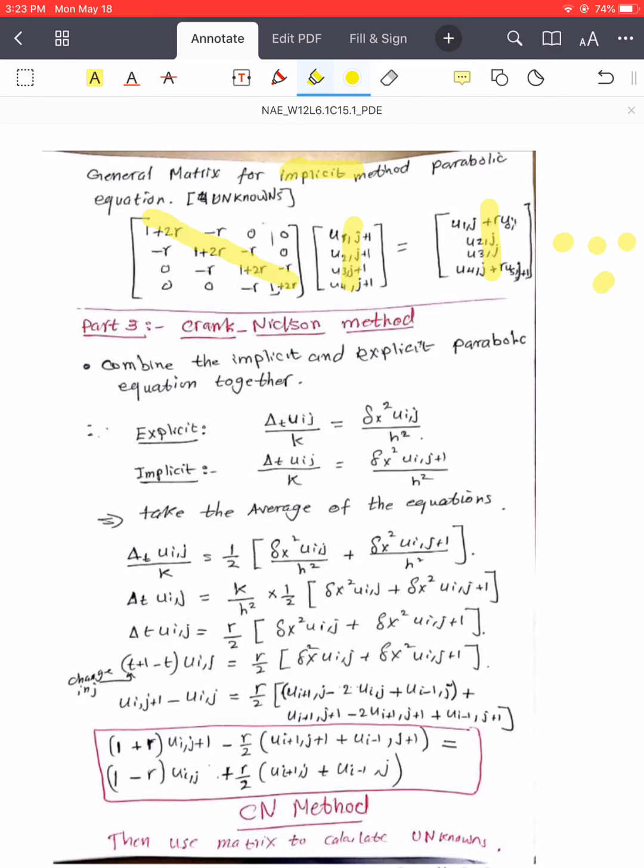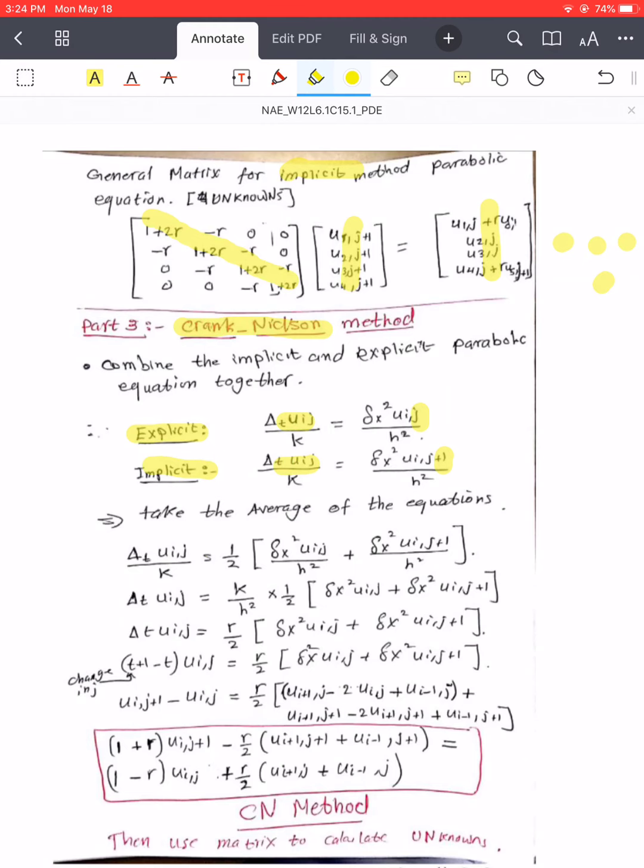Okay. Now we have to repeat again, but for another method called the Crank-Nicolson method, CN method. What is the Crank-Nicolson method? I'm rewriting again here, the explicit method here, this is J, implicit method, this is J plus 1. So what is Crank-Nicolson? They took the average of these. Left-hand side, same as this one.